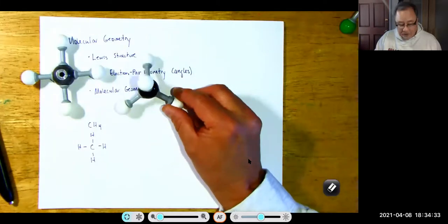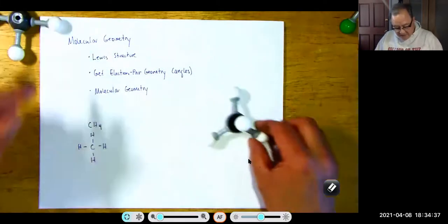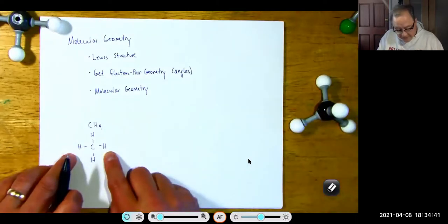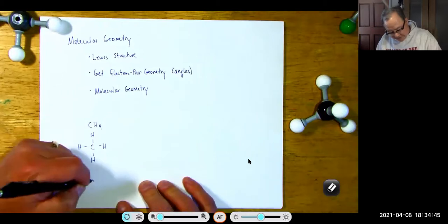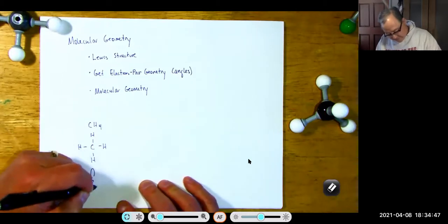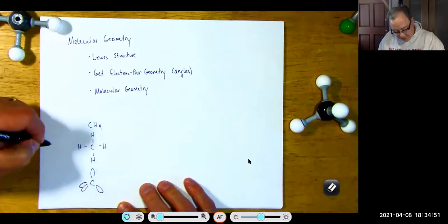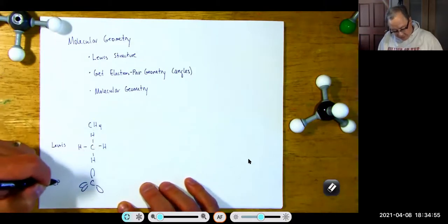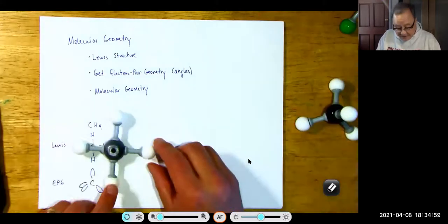This is the actual structure. Do you see that we have 4 hydrogens bonded to a central carbon? Yeah. So this is the Lewis structure. The electron pair geometry, we would say, looks like this. And what are the angles here? Well, here the angles are 90 degrees.